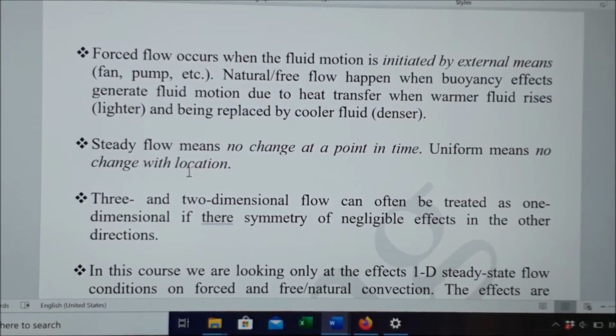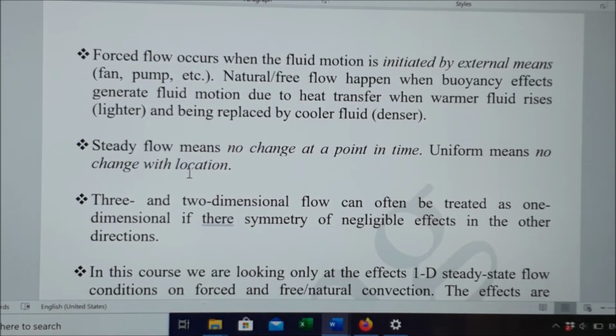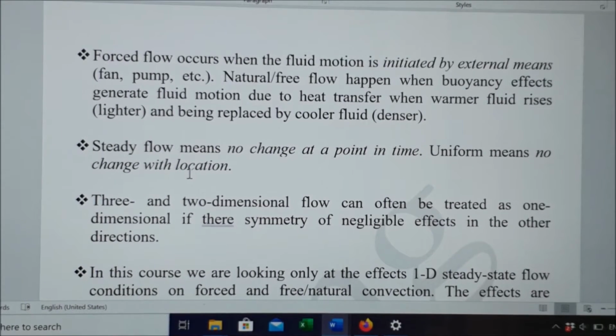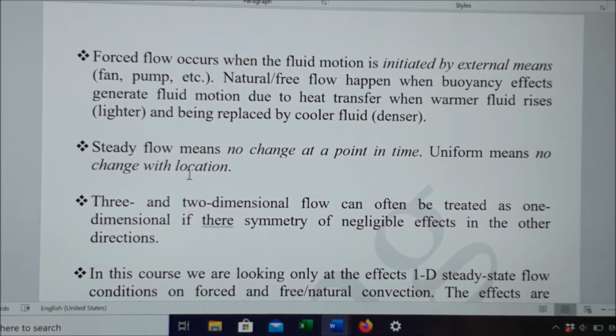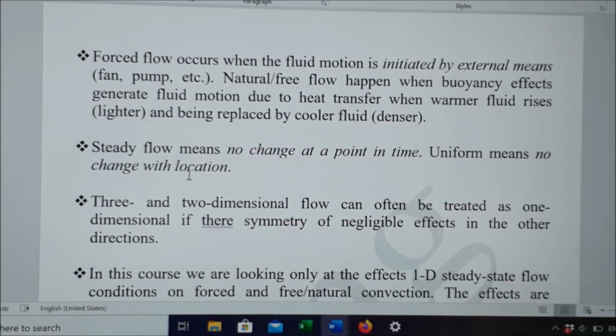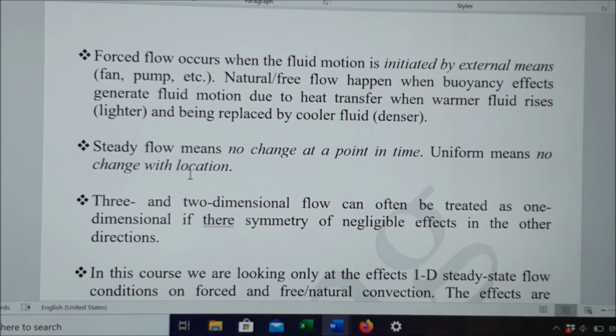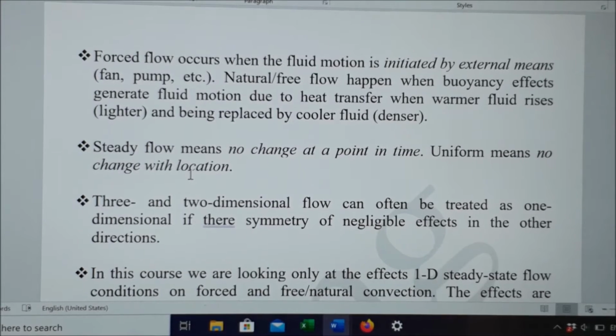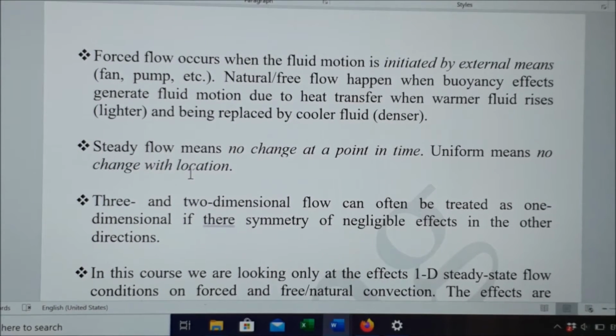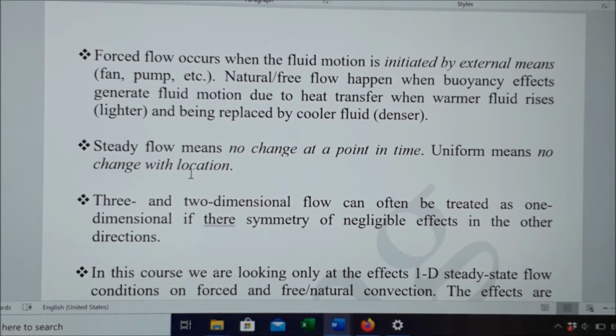Forced flow occurs when the fluid motion is initiated by external means, fan, pump, etc. While natural free flow happens when buoyancy effects generate fluid motion due to heat transfer: warmer fluid rises because it is lighter and is replaced by cooler fluid, and thus a motion is initiated.